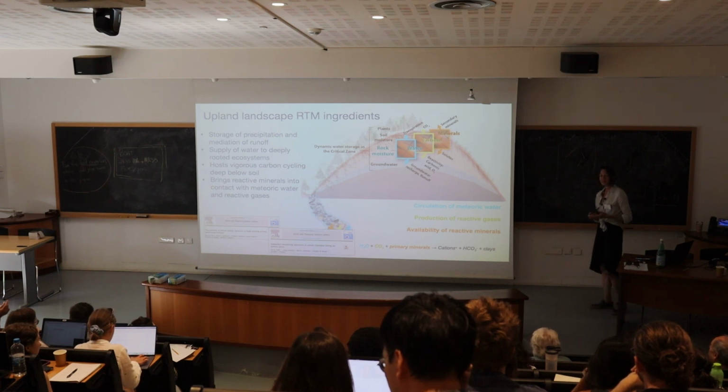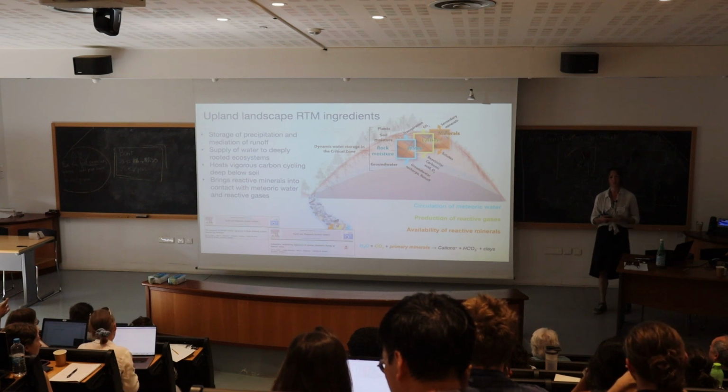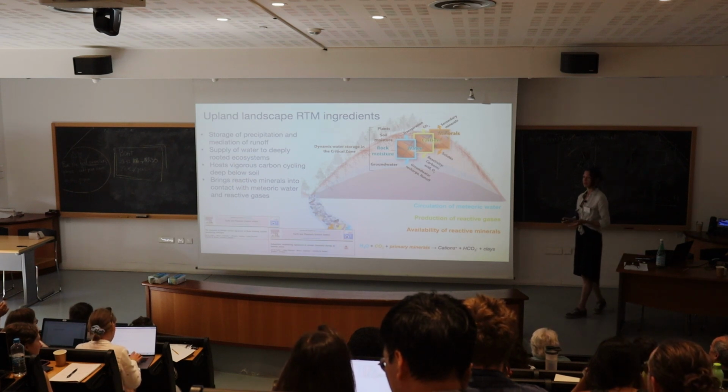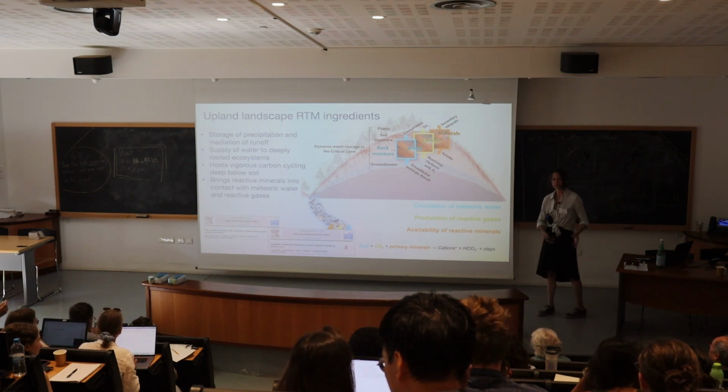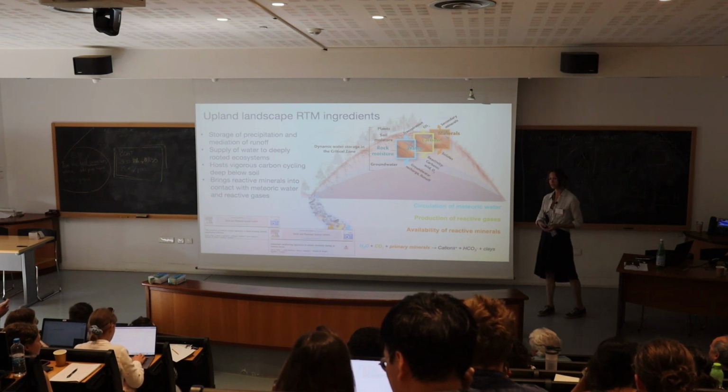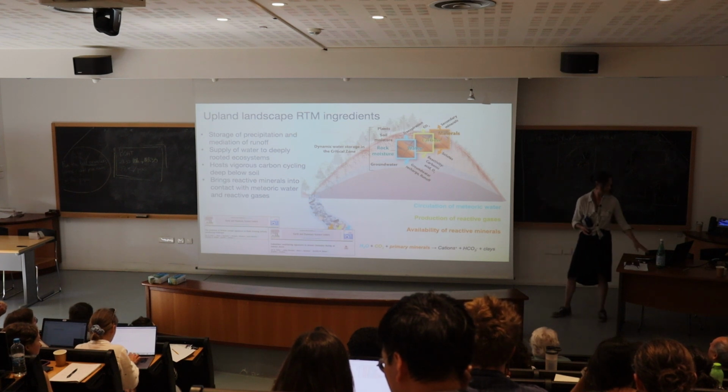So this must be the location where we should see this dynamic between the rate at which fluids are draining or moving through the system and what we see as solute chemistry in the streams coming off of these landscapes.